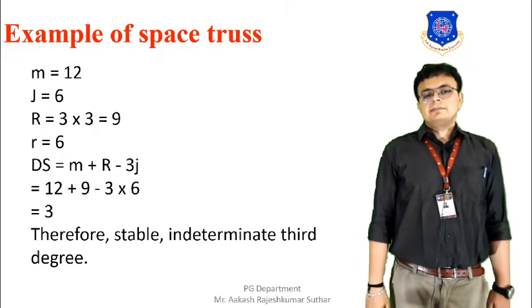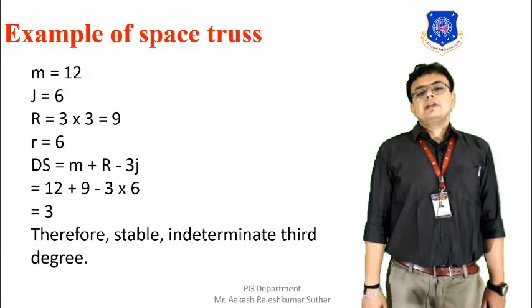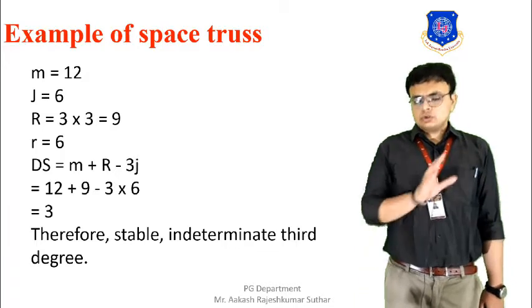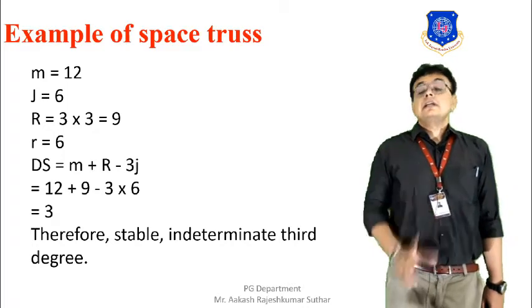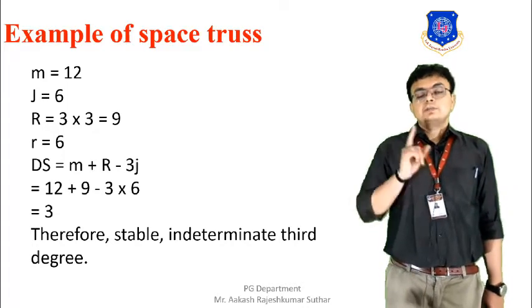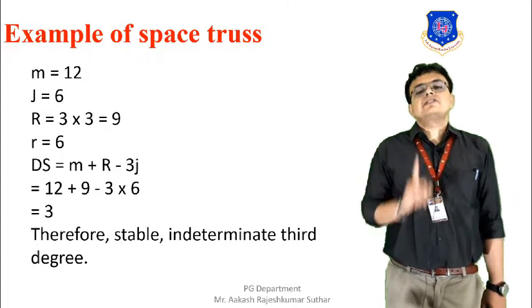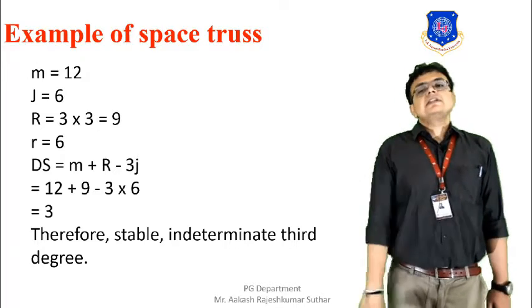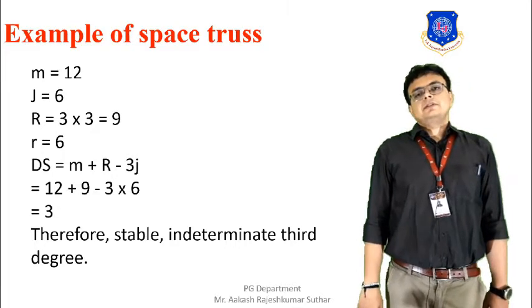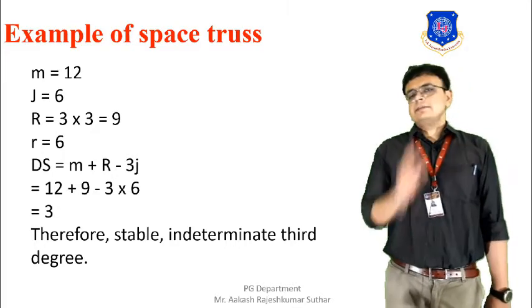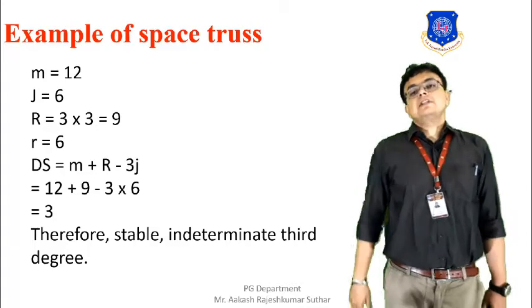We use the same formula because it is a space truss. Remember, the reactions are equal to 9 and the joints are 6. So cumulatively, we get the ds value equal to 3. Hence, we can say that our space truss is a stable structure which is indeterminate to the third degree. This is how examples are solved for a space truss.